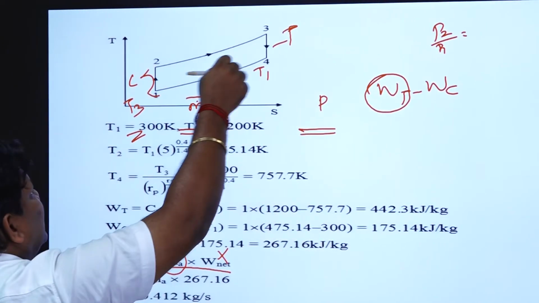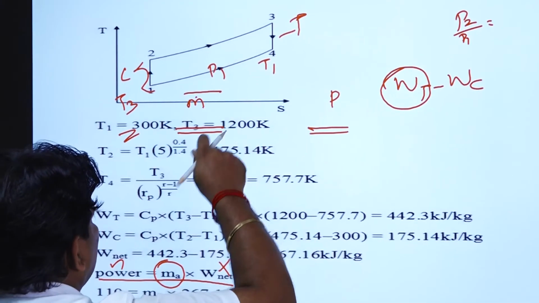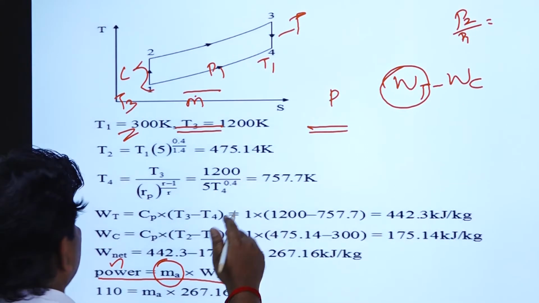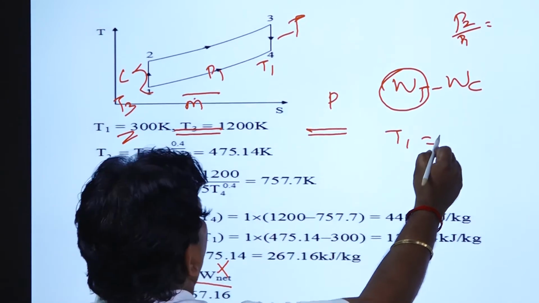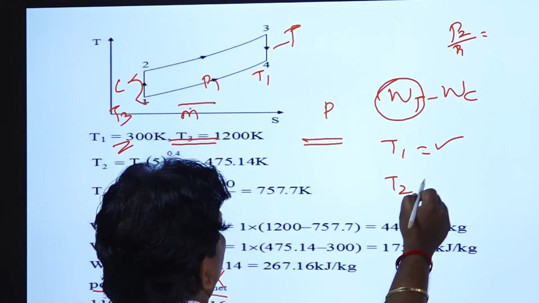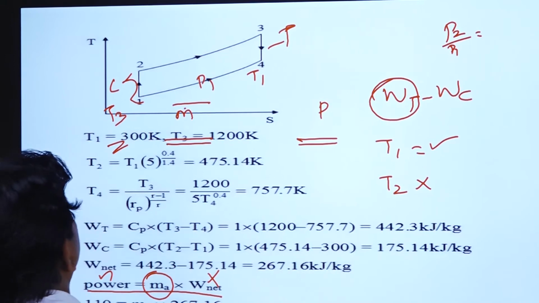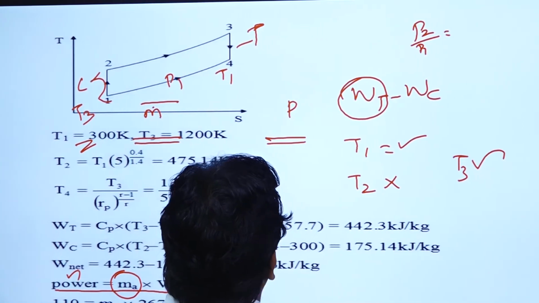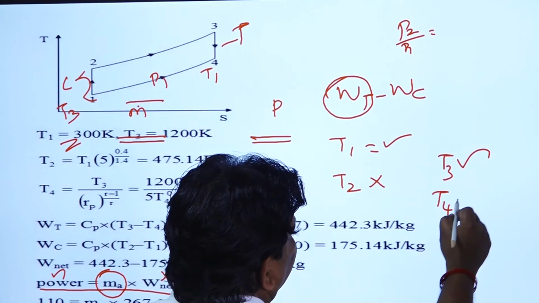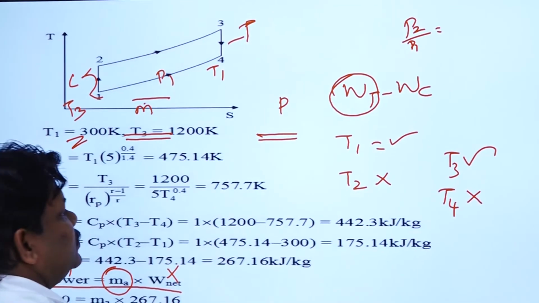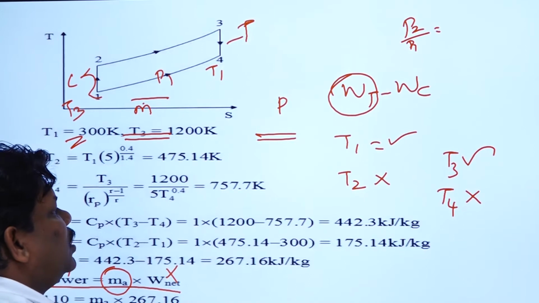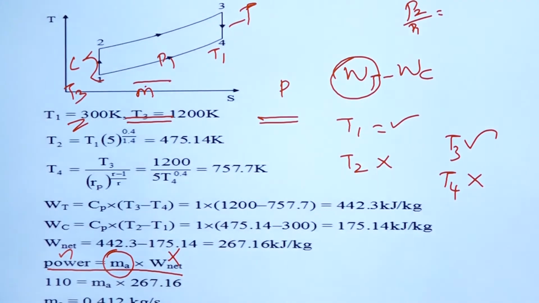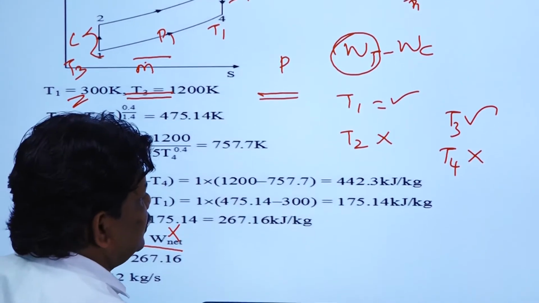You can easily find the values, but you have to check whether all the values are known. T1 is known to you, T2 is not known but you need it, T3 you know, the highest possible temperature, and T4 is not known. So use the PVT relation for 1 to 2 and 3 to 4, and from this you can easily find T2 and T4.